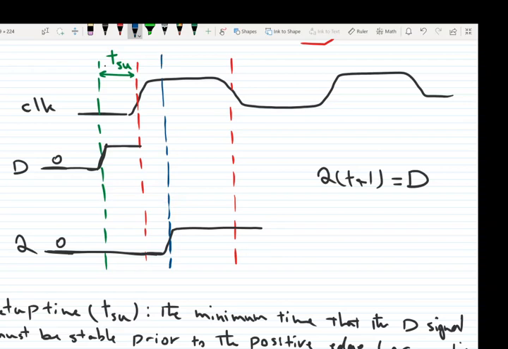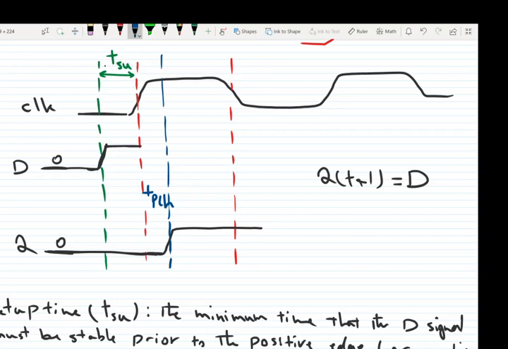And this time, of course, is T propagation low to high. Why don't we just call it T propagation? Because propagation delay might be different for rising or falling.